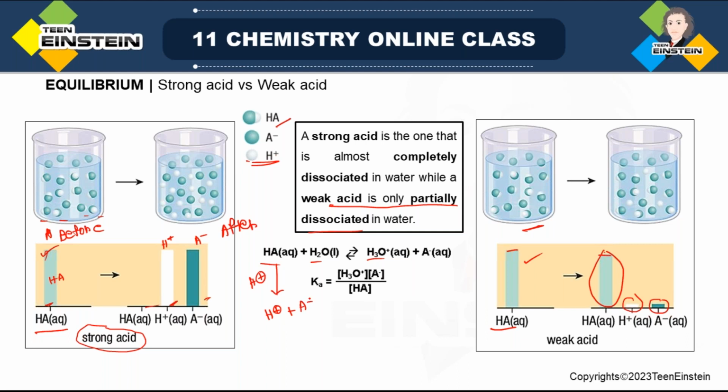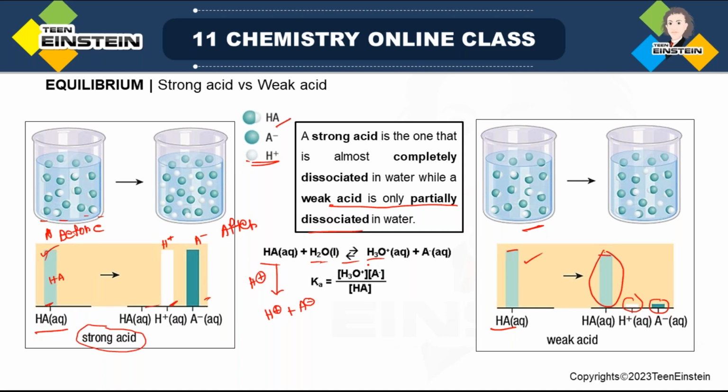That is also fine, because H2O is present in very large amount compared to HA, since it is the solvent. So even if we avoid it, that is fine. That is, HA is dissociated to H plus and A minus. But if you consider it, you have to write H plus in the form of H3O plus aqueous, and A minus aqueous. Now there is equilibrium between these two sides, right?